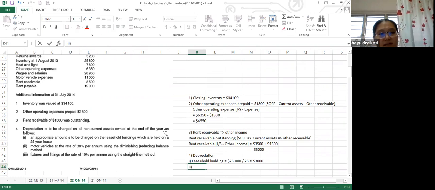motor vehicle at the rate of 30% per annum using the diminishing or reducing balance method. Reducing balance method, cost minus provision times the percentage.